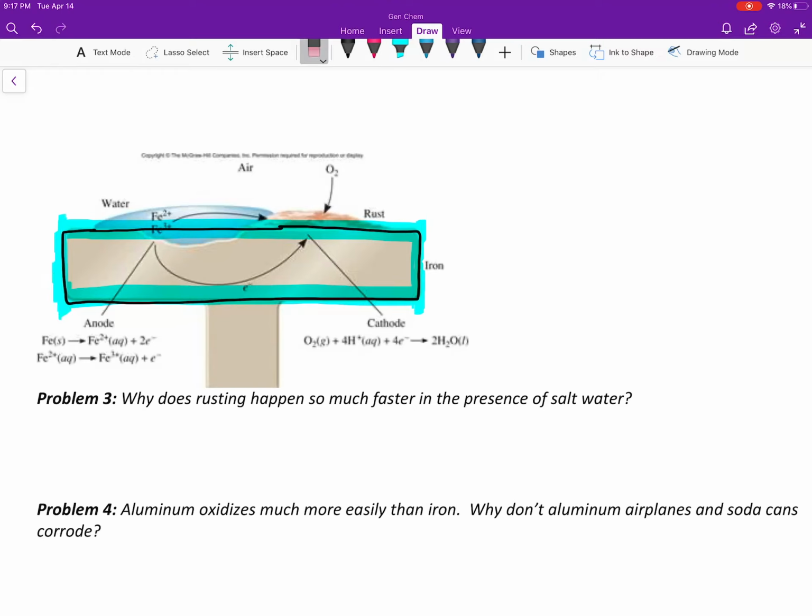Now, say that one day you have a chip in your paint, and the only part that's protected is the part here in blue. And you have this area right here, which is iron solid.